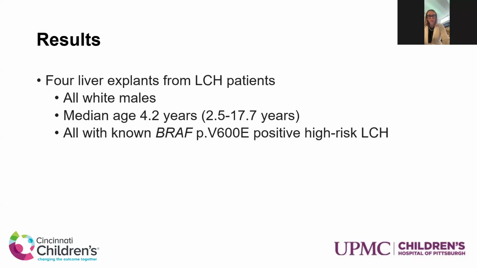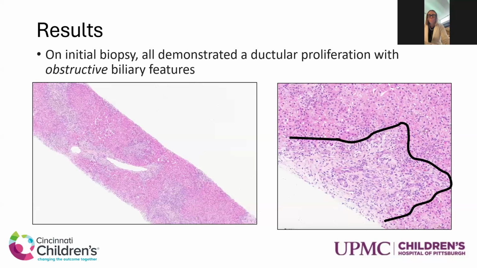They were all white males with a median age of about 4 years. And of course, all with the BRAF V600E and thus, by definition, a high-risk LCH. And similarly, all 4 of the cases had this ductular proliferation in the early stages of biopsy.